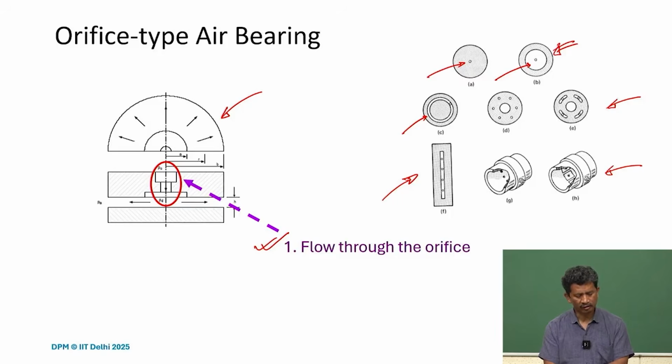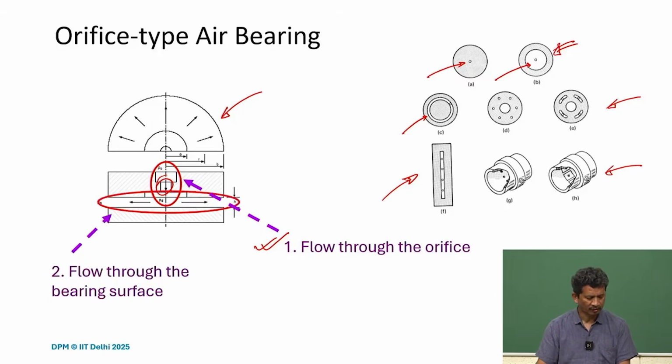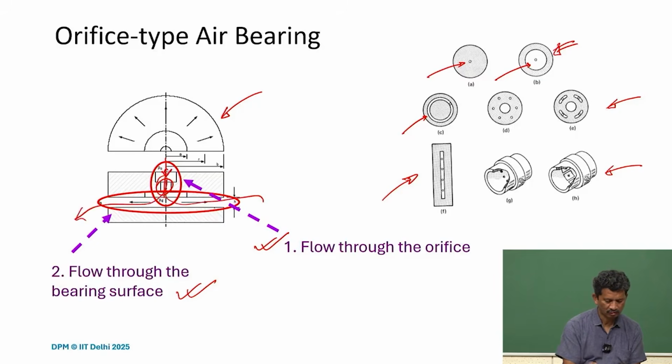So it should be supplied, and first it passes through this orifice. That is one kind of restrictor, and then it flows through the bearing surface. So basically we are looking at these two fluid flows. It's supplied through this, and then it is just discharged to the atmosphere.